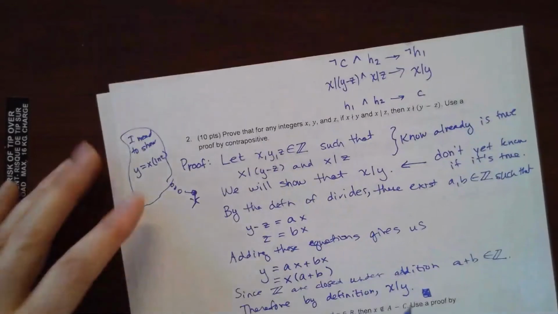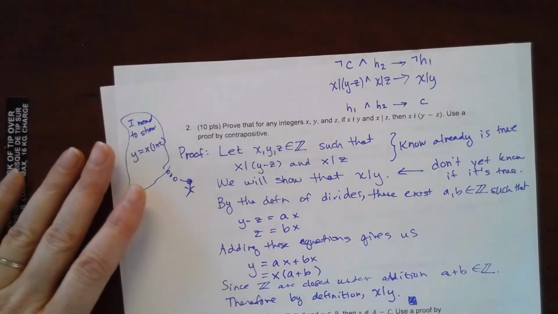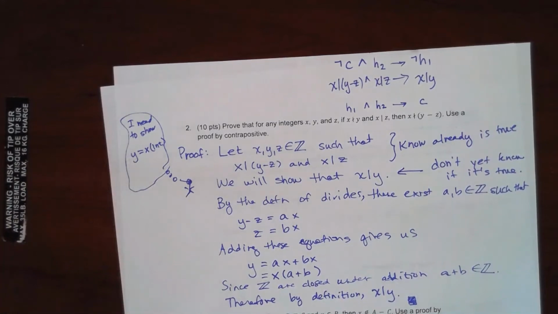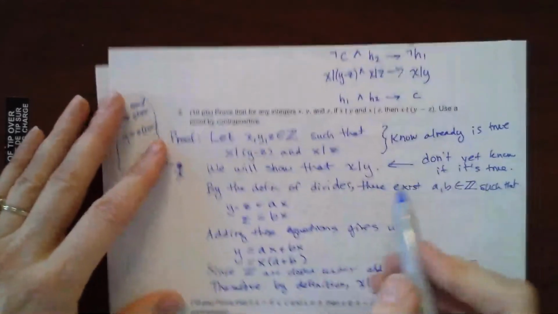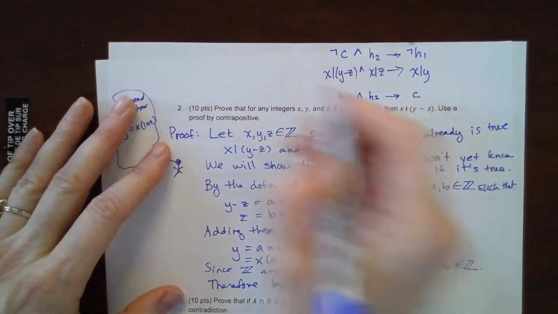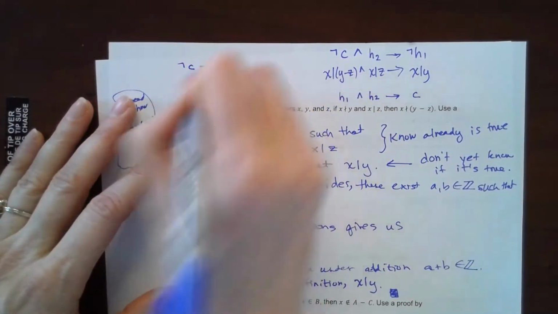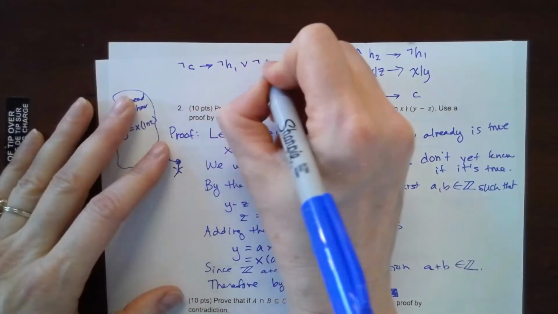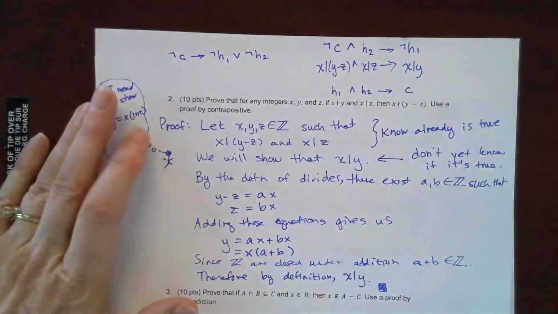Okay, so there are lots of options that we could choose from. If I just want to go straight contrapositive, I would have to do not C implies not H1 or not H2. That's an option.